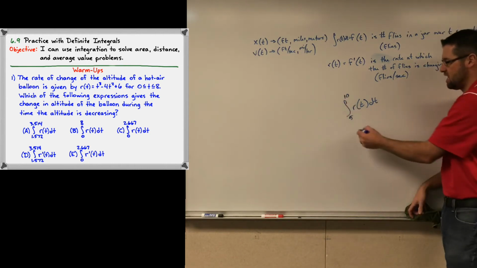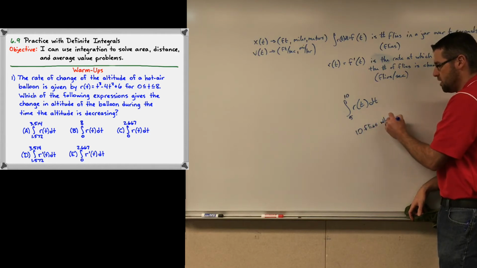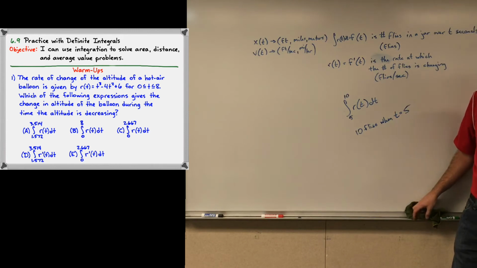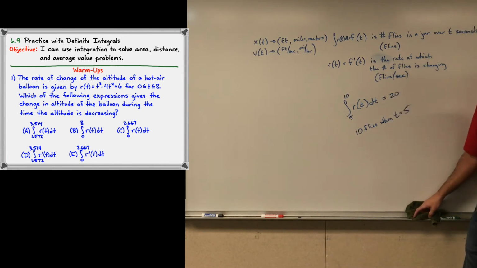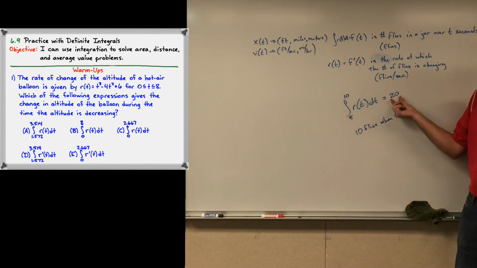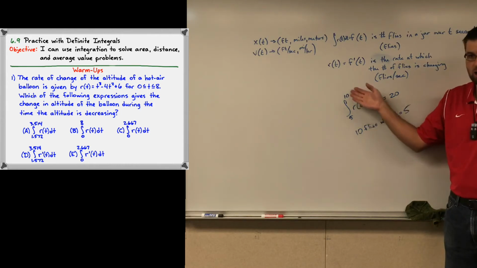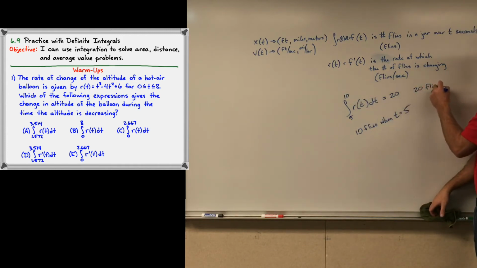Let's say there were 10 flies when t equals 5, and let's say the integral is 20. What would that mean? That means 20 flies were added to the jar over this interval.